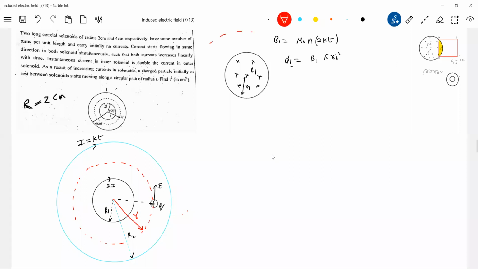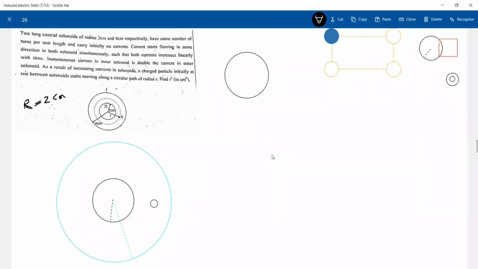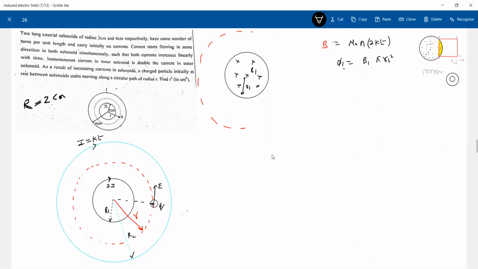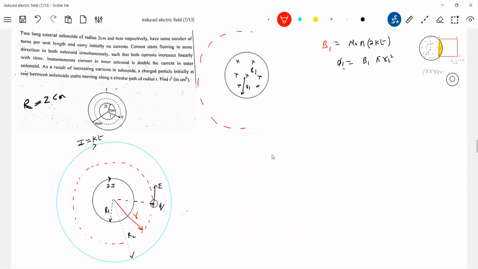R is here. R is here. So there's the point, point P, I'll write it. So is it okay? B1 into effective area pi R1 square, you're going to write.